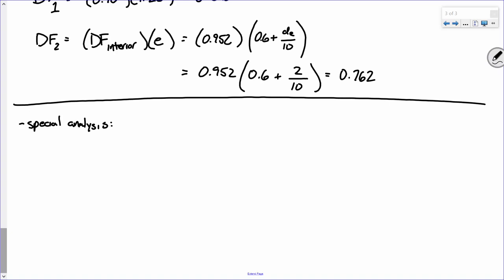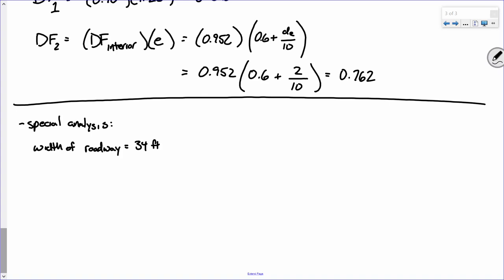The first thing we need to do is figure out how many times we're going to conduct special analysis. We do that based on the width of the roadway. So let's start off with that. What is the width of the roadway? 34 feet.